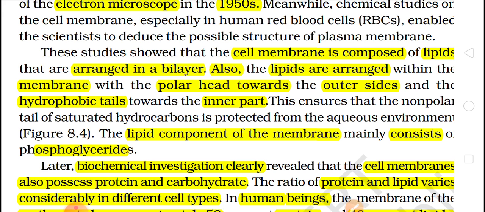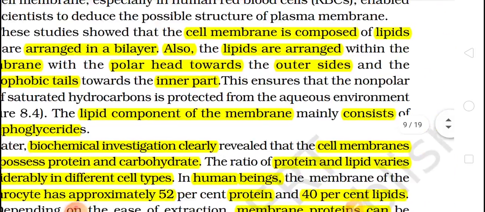Because the tail is hydrophobic, it is phobic of water. They are water hating, not water loving. So that's why the non-polar tail is protected from the aqueous environment. They do not come in contact with water. Clear about this, children?